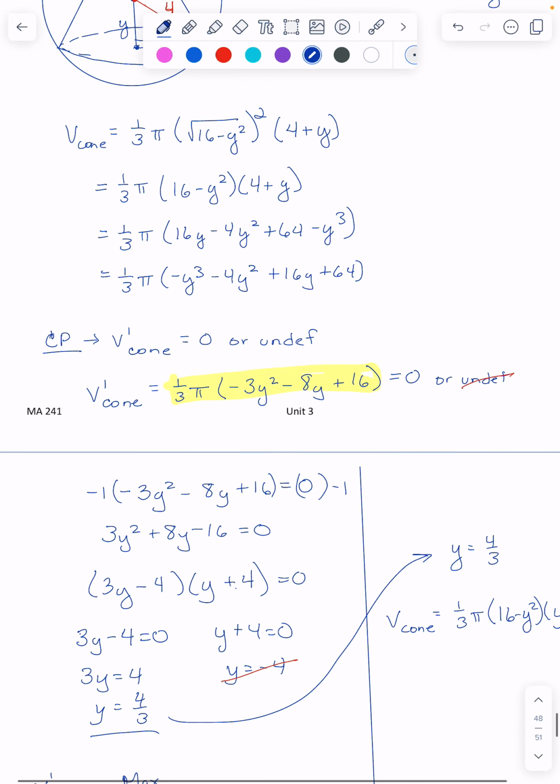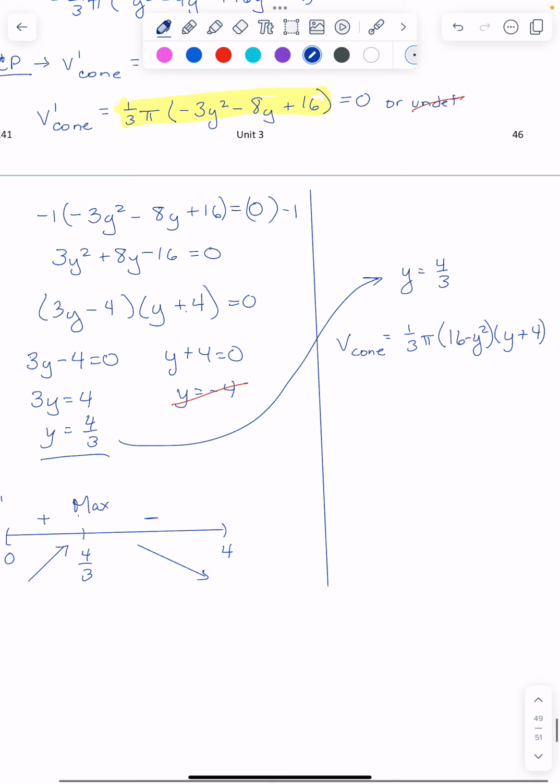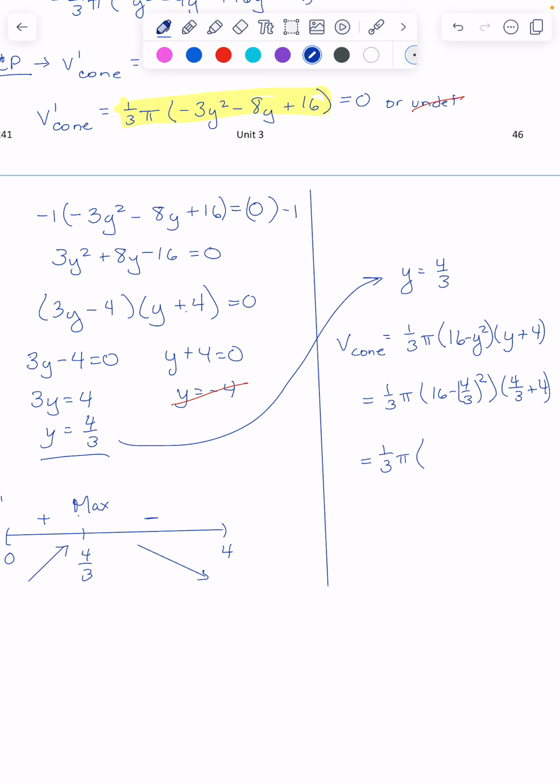I'm going to go ahead and sub into this: 1/3 pi times 16 minus 4/3 squared, times y, where y is 4/3, plus 4. Again, that's my height. What I'm going to get there is 1/3 pi times 16 minus 16/9, times 4/3 plus 12/3 if I get a common denominator there.